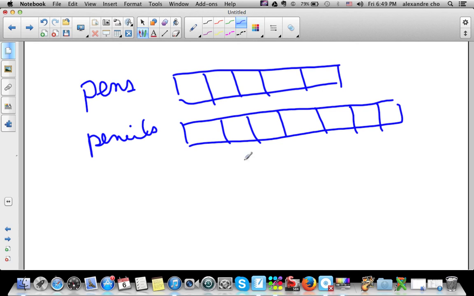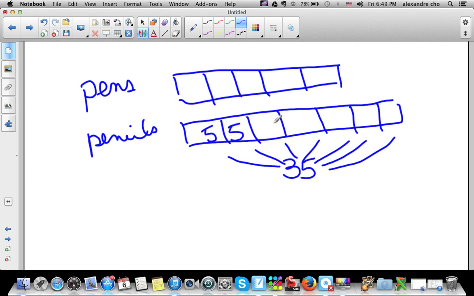But they say that we changed that ratio to 35, so our number of pencils grew to 35. So how do we fit 35 in these boxes? Well, there's 7 of them. 35 divided by 7, I'm sorry, is 5, so we get 5, 5, 5, 5, 5.